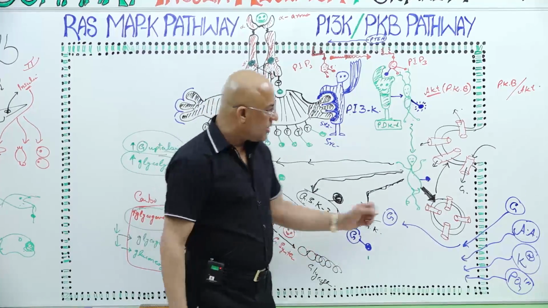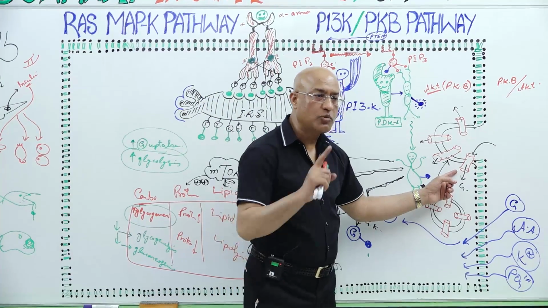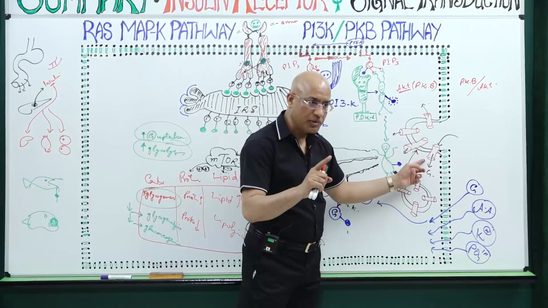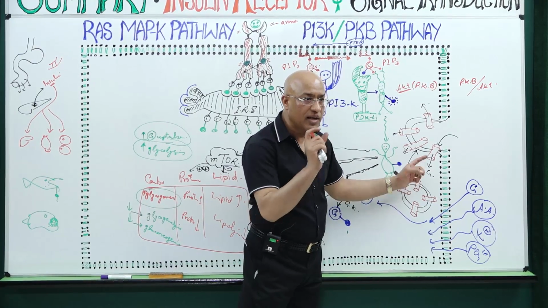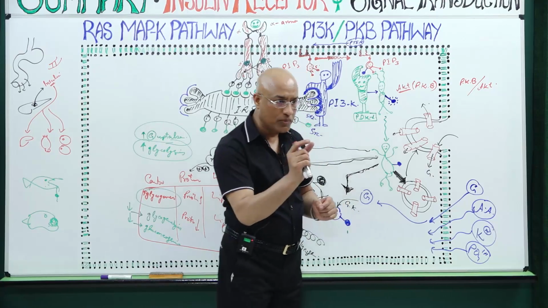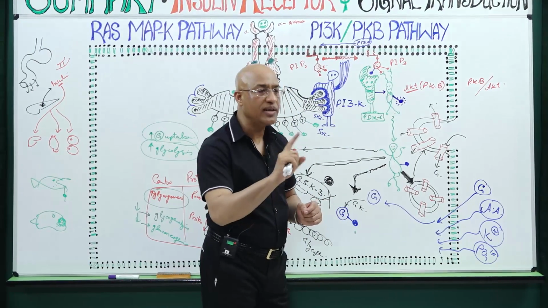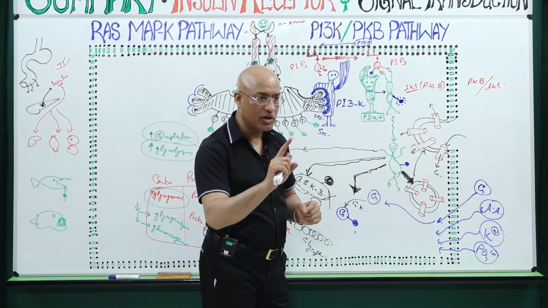Remember, GLUT4 is inserted into muscles and adipose tissue. In the liver hepatocyte membrane, there is no GLUT4, there is GLUT2, which is not insulin dependent or sensitive.